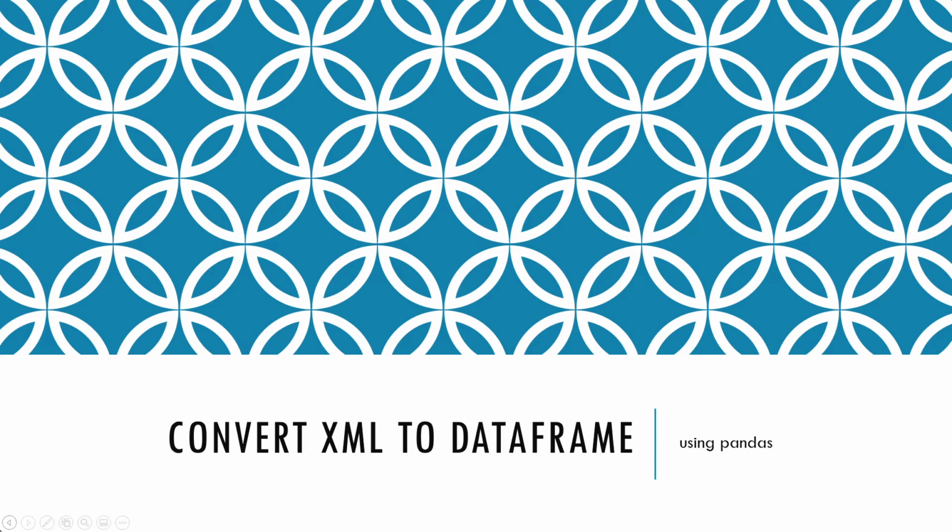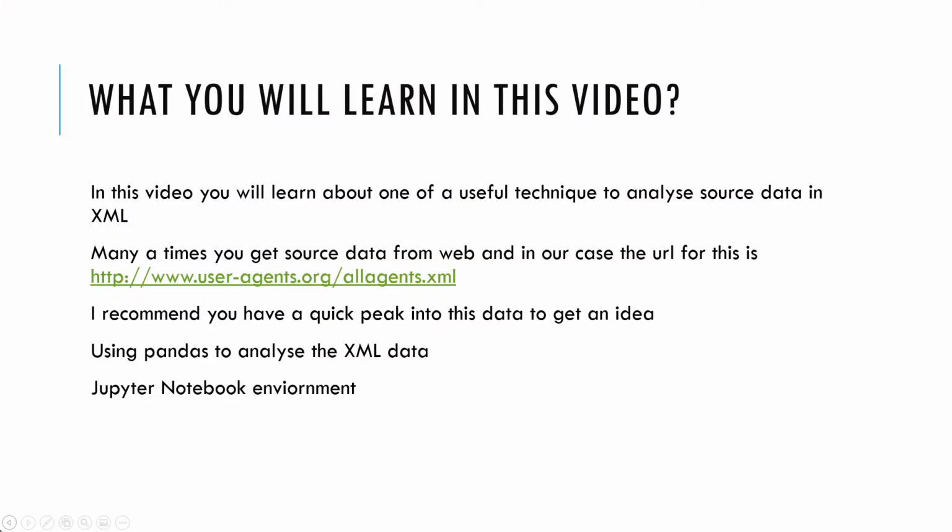In this video, using pandas, you will learn about one useful technique to analyze source data in XML. Many times you get source data from the web, and in our case the URL is useragents.org/allagents.xml.